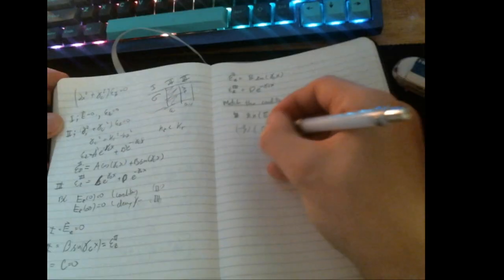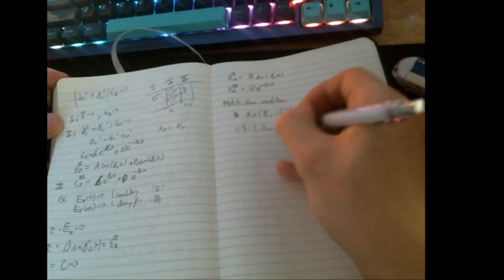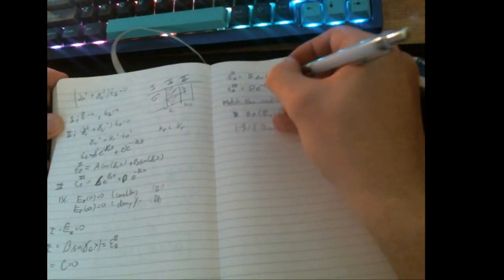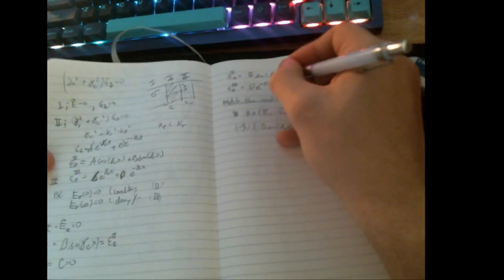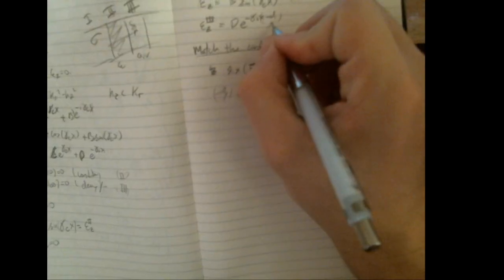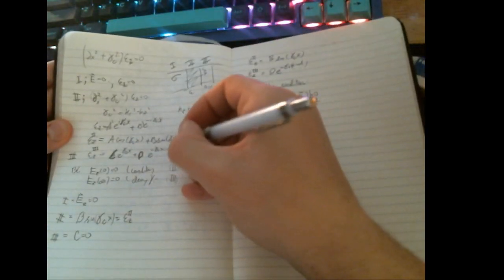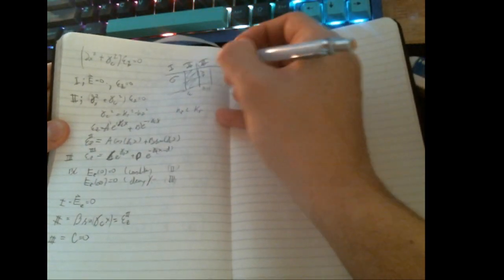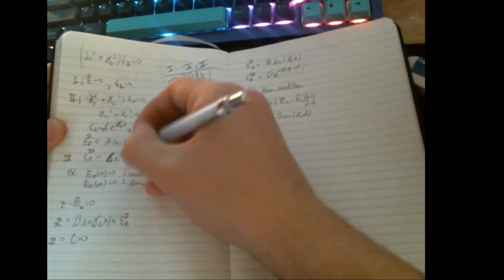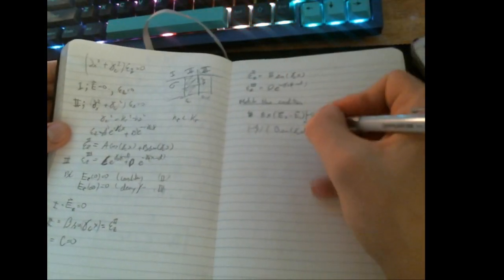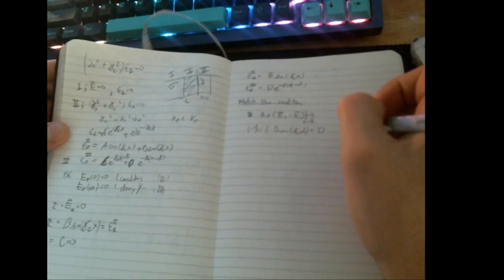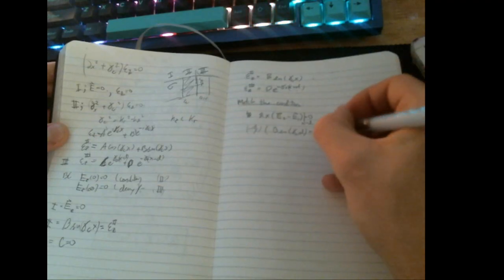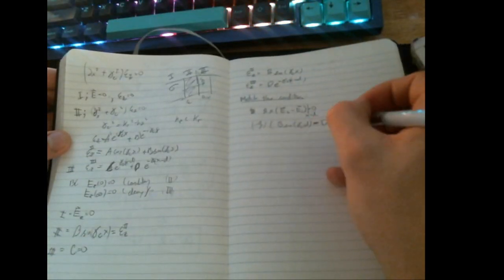So we get B sine gamma c d. Oh, and this should actually be minus d. Sorry, okay, why is this minus d? Because it needs to be shifted, because the field starts here, right? So we can't miss that. That was a mistake, but we got it fixed. So, new update. Okay, and this equals C, because this is region 1, so minus equals 0.